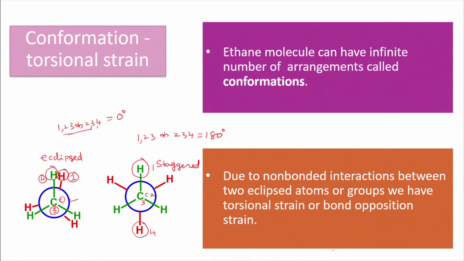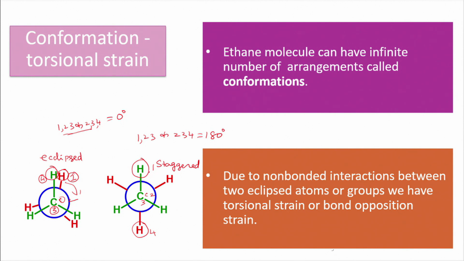In the process, we are rotating the carbon-carbon single bond, between carbon number 3 here and carbon number 2, which leads to various arrangements or movements of the hydrogens behind.